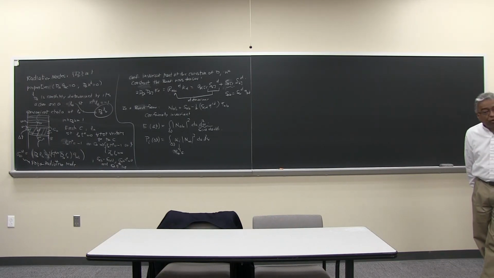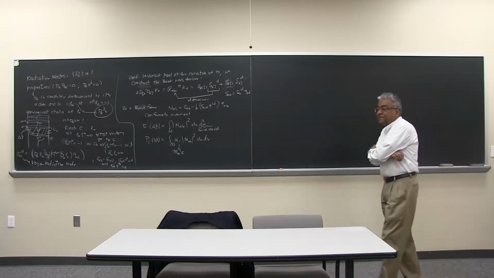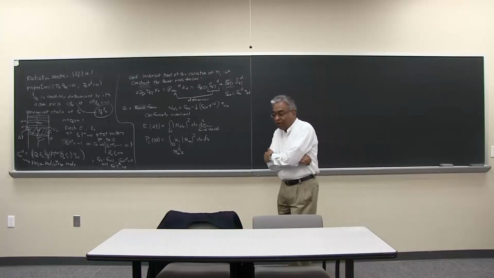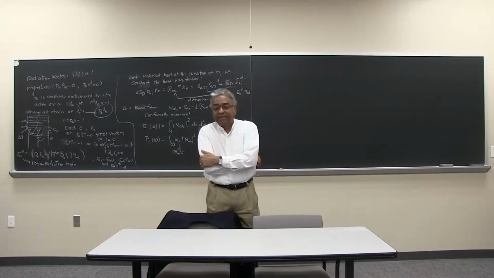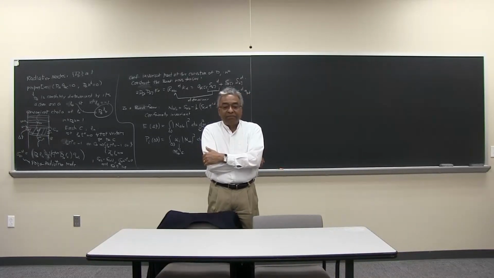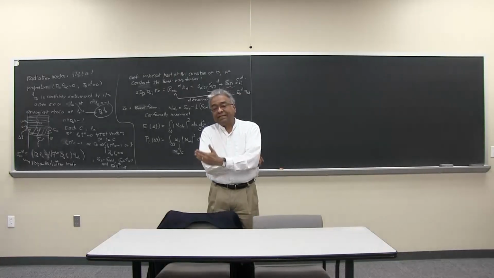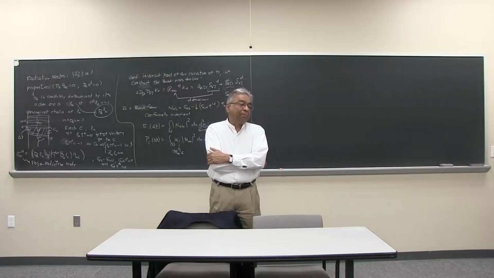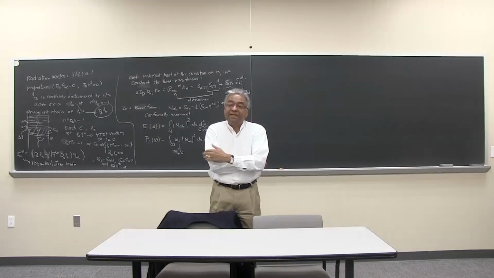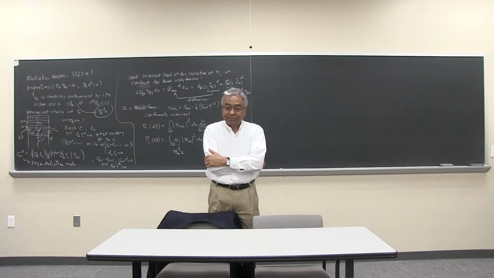I don't know if I mentioned already, but soon after the discovery of general relativity, a couple of years later, between 1916 and 1918, Einstein had written a couple of papers showing that there are gravitational waves in the linearized approximation.